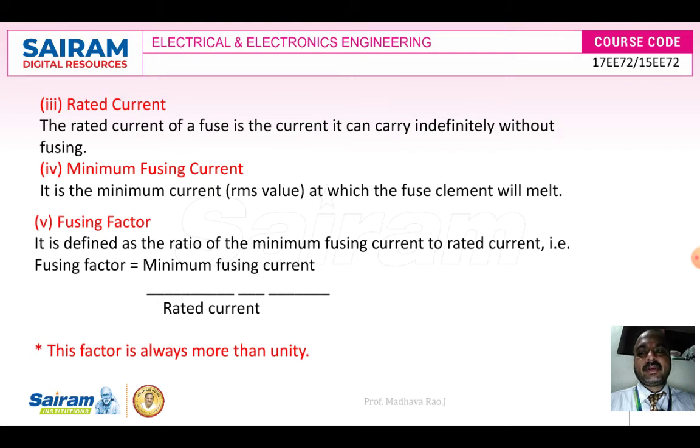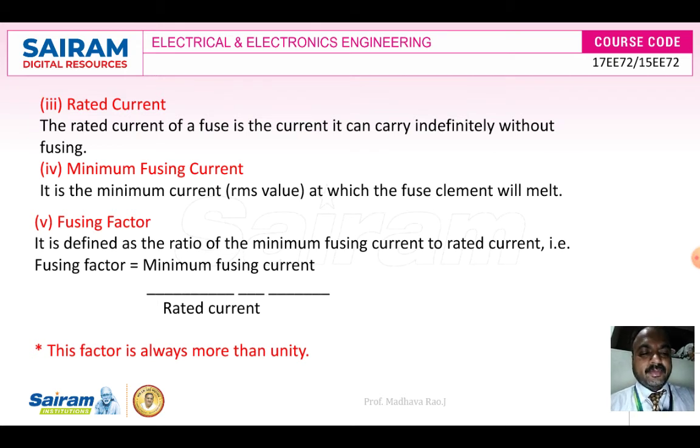You have to remember: rated current means without melting, and fusing current means with melting. Those two words you have to remember for these two definitions. So minimum fusing current is the current at which the fuse element will melt. This means it will break the supply.